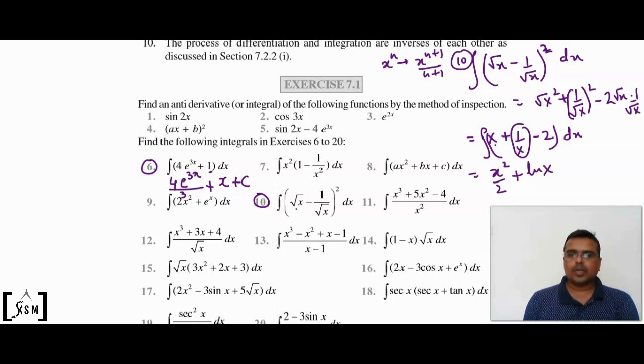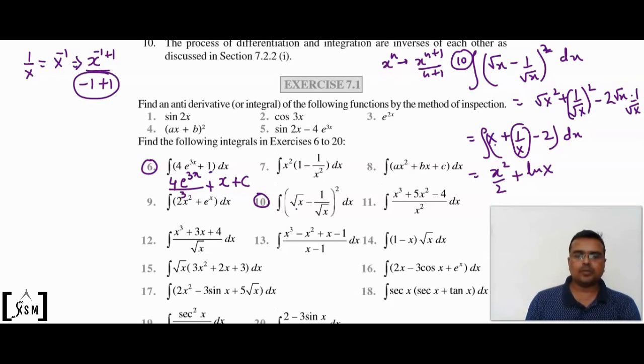See, 1 over x you cannot integrate with this formula. Why? I will explain. 1 over x you can write as x to the power minus 1, but then you cannot integrate like x to the power minus 1 plus 1 all over minus 1 plus 1, because your denominator will become 0. So you cannot integrate this way.